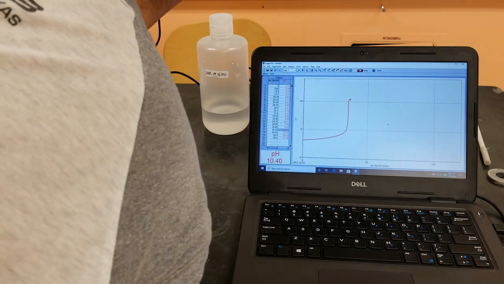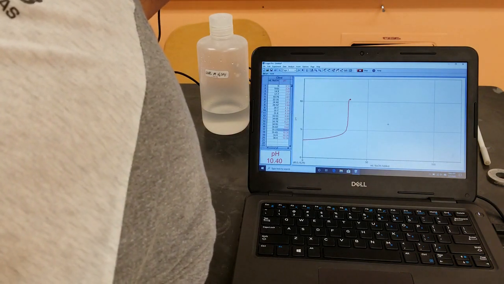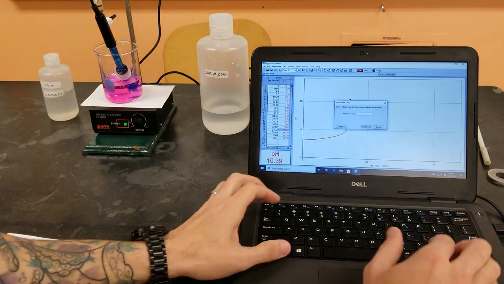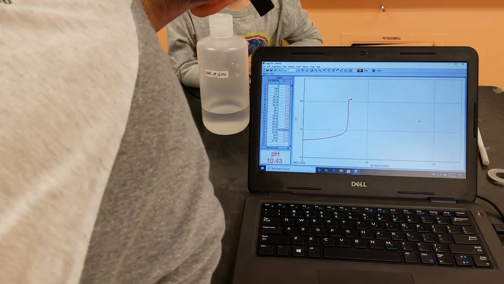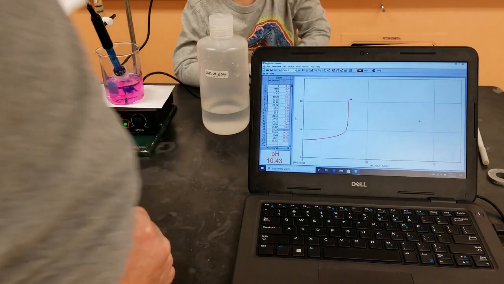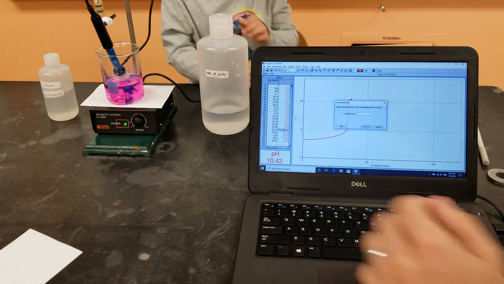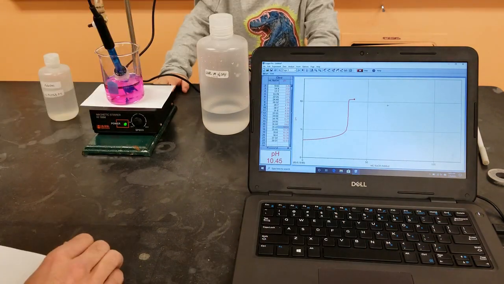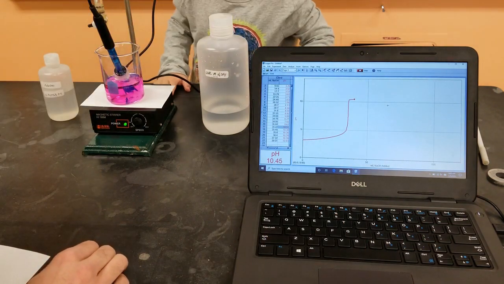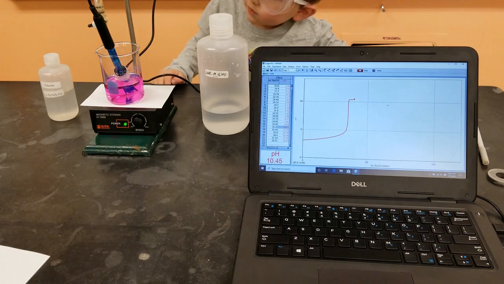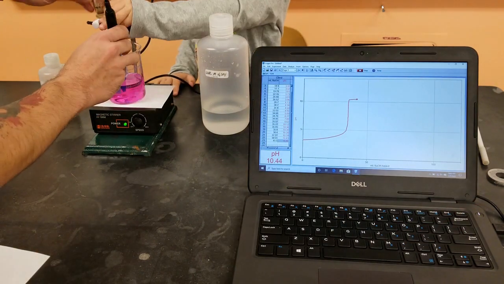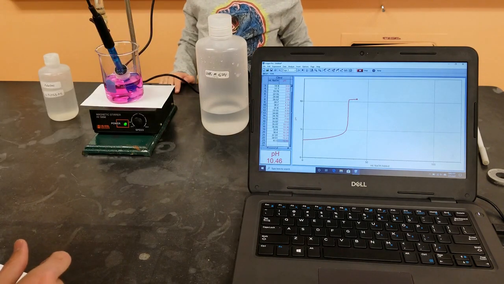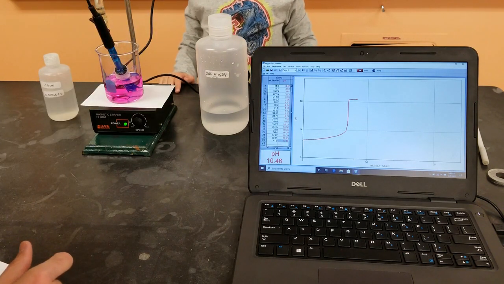And now we're at 37.22 milliliters. Now we're at 39.51 milliliters. Right now we're all the way at 41.50 milliliters. Now we're at 42.90.